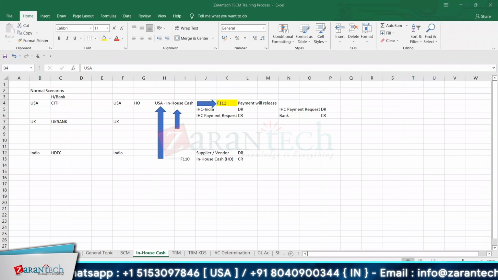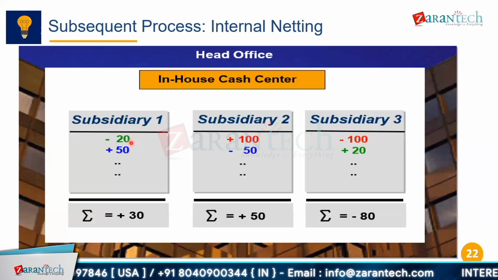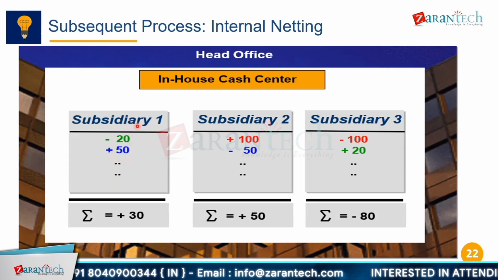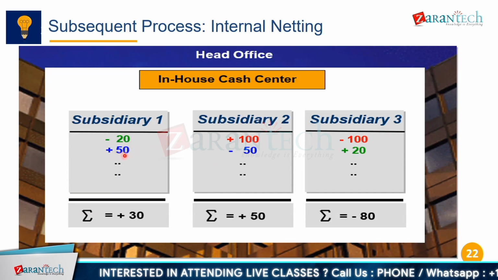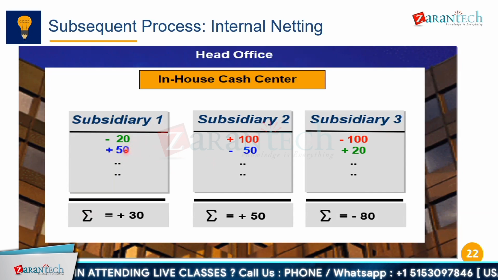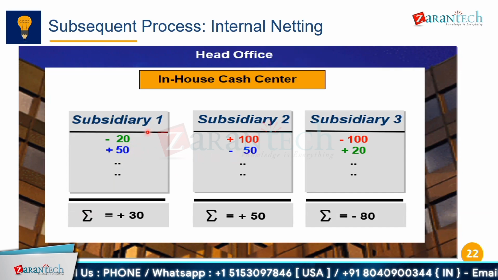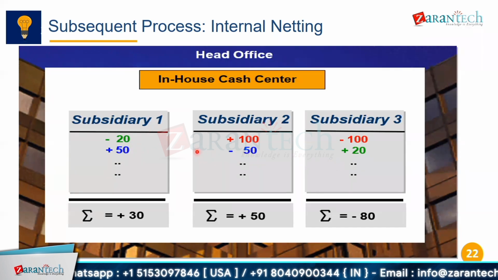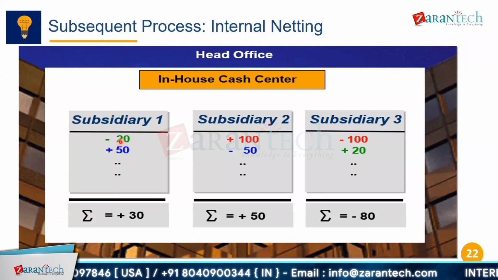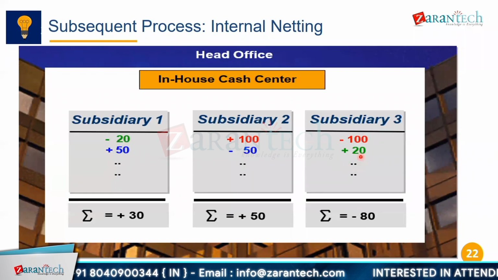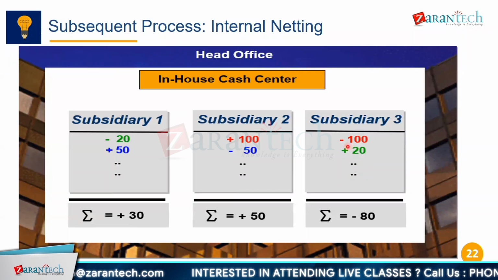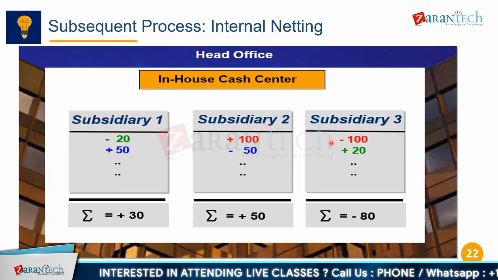Here is the example: subsidiary 1, subsidiary 2, and subsidiary 3, wherein this 50 is receivable from subsidiary 2, and it is payable to subsidiary 1. Likewise, the 20 is payable by subsidiary 1 to subsidiary 3. And between subsidiary 2 and subsidiary 3, there is a payable and receivable for the 100.